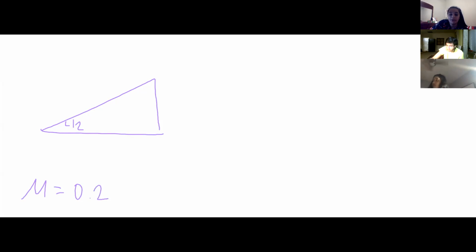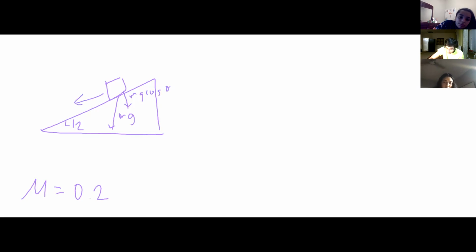Okay. What is the... Oh. I'm just going to draw the child as a block. I don't really care. Yeah, I do that too. Okay, so then we have mg, and we have here mg cos theta.